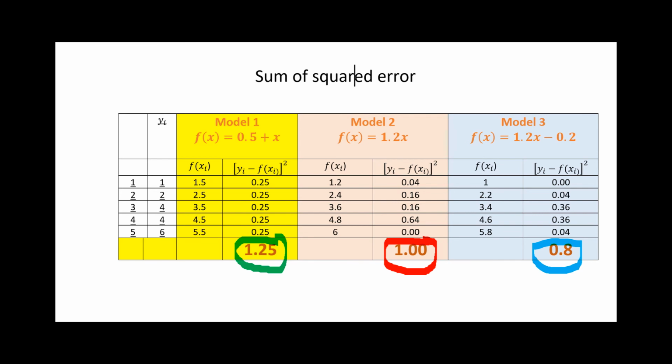That is, among these three, f of x equal to 1.2x minus 0.2 is the line of best fit. We saw that 0.5 plus x is a good fit, and 1.2x was better, and the best fit is 1.2x minus 0.2, because for this model the sum of the squares of the errors is minimum.